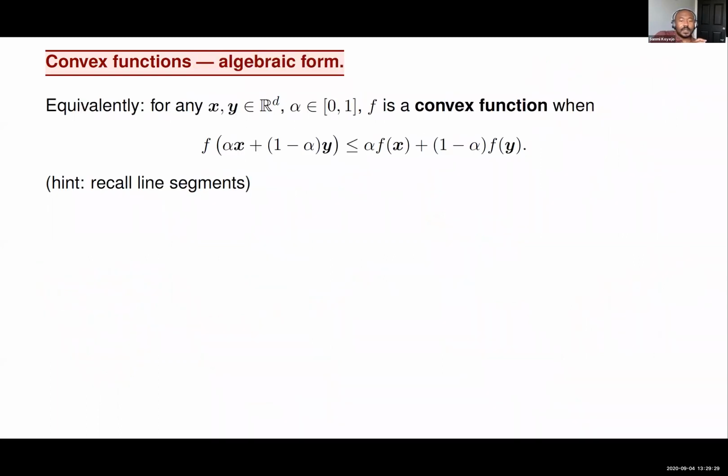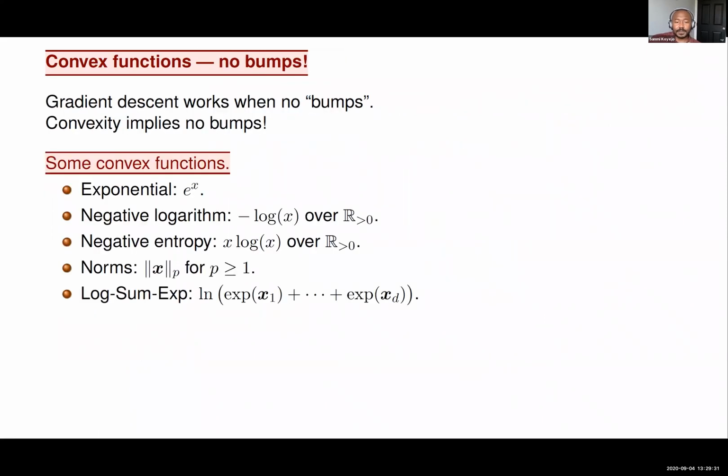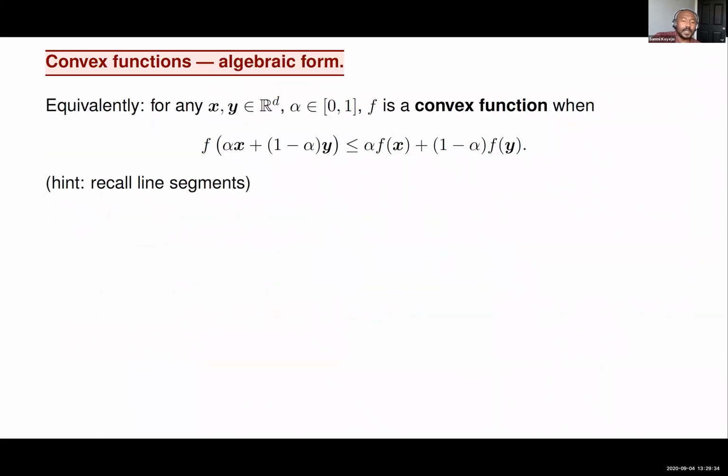Okay, so now we're going to try to describe this notion of epigraph as a definition of convexity for functions. But instead of trying to draw pictures, we're going to convert this into math because that's what we like to do. So now we're going to try and describe convex functions by a set of properties. So now we say that a function f is convex if this property holds.